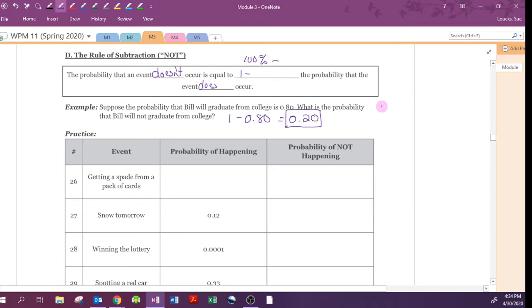If his probability of graduating was written as 80%, we would then go 100% minus 80% equals 20%, which is of course the same as 0.2. It's just written in a different shape. Okay, do this table and I'll see you on page 9.